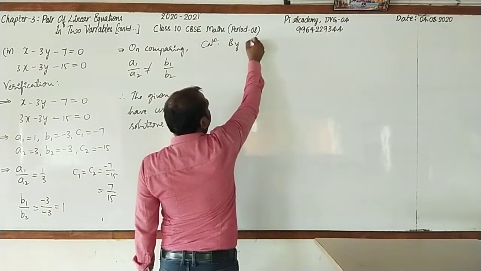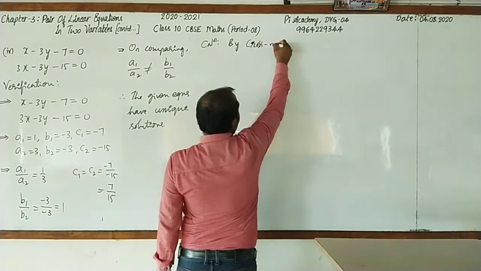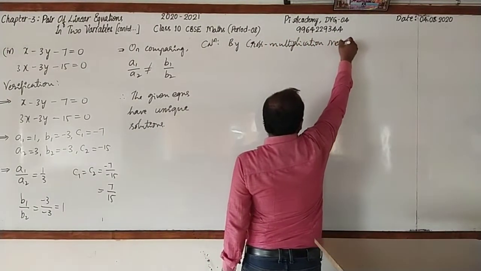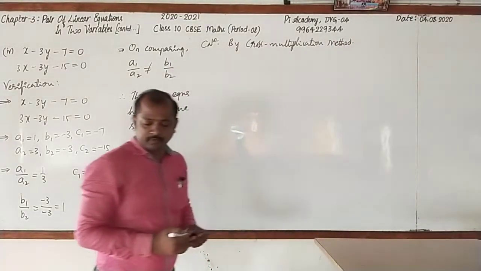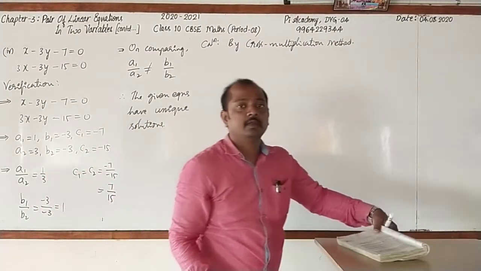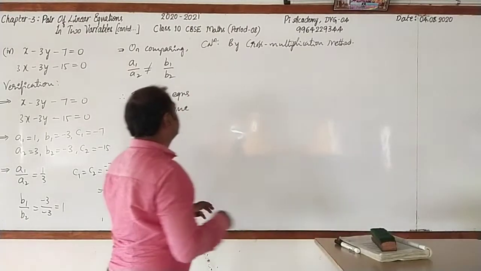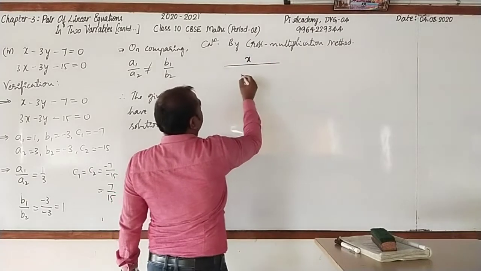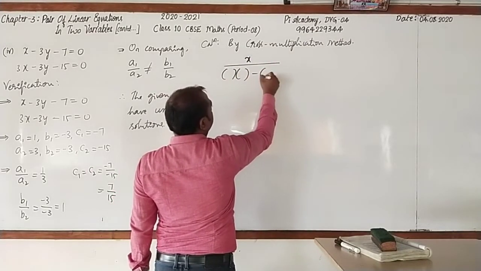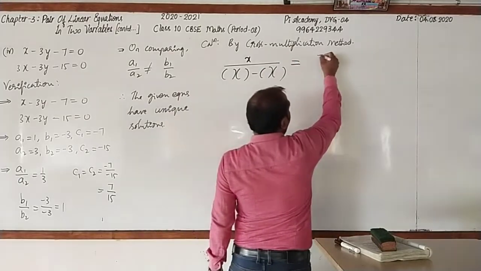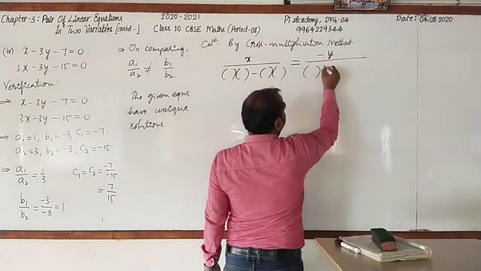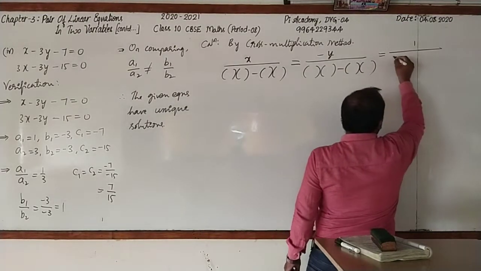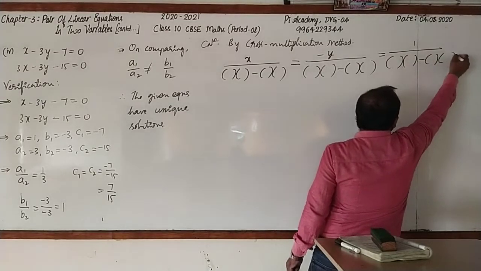Here I'll write by the cross multiplication method. Yes, tell me, how do you go about writing it? First, we have to write x, then 4 terms, 2 terms minus next 2 terms, equal to minus y by 4 terms, 2 minus 2 terms, equal to 1 by 2 terms minus 2 terms.